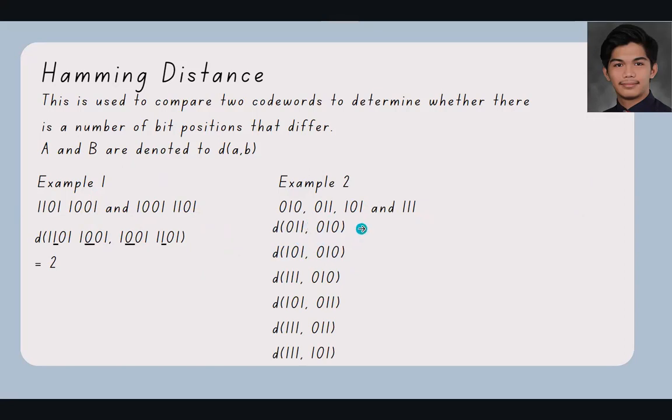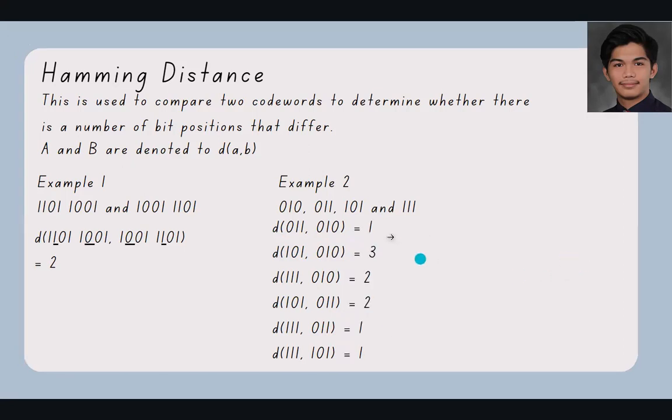So in the end, you will see that the pair distances are 1, 3, 2, 2, 1, and 1. And that's your final answer.